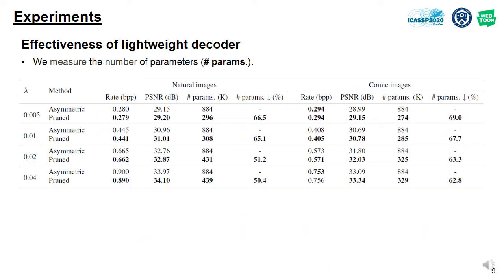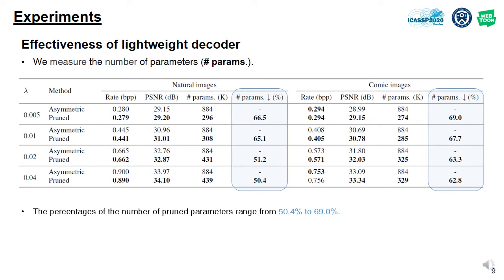To show the effectiveness of our lightweight decoder, we measure the number of parameters. You can see the results in this table. First, the percentage of the number of pruned parameters range from 50.4% to 69%, which shows that the decoder can be made significantly lightweight.